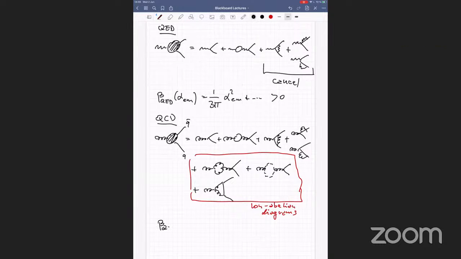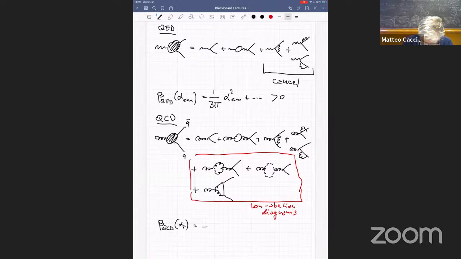Beta QCD is equal to minus, and already this tells you that it will be negative, (11 Ca minus 4 NF TF) divided by 12 pi alpha s squared plus etc., etc. And you see that this will be negative for NF less than 16.